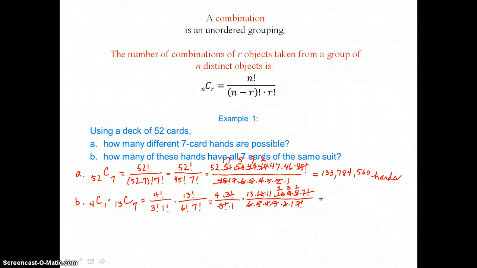And now multiplying all of those factors that are left in the numerator, we'll find that we have 6,864 hands possible. So that's how many hands are possible when 7 cards are of the same suit.